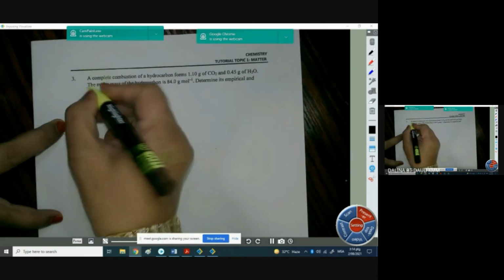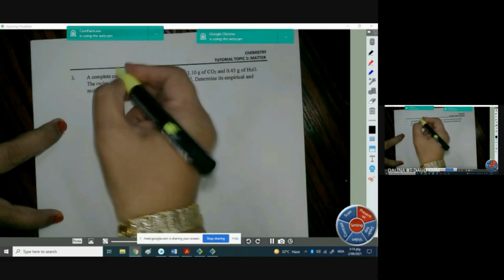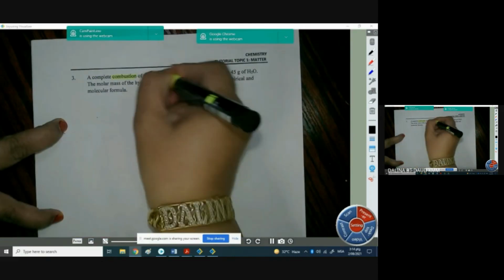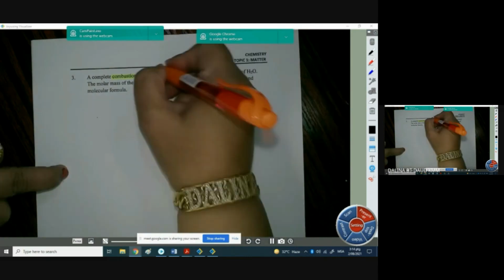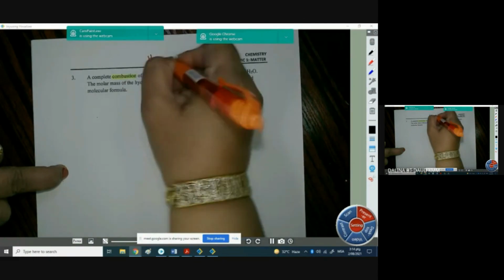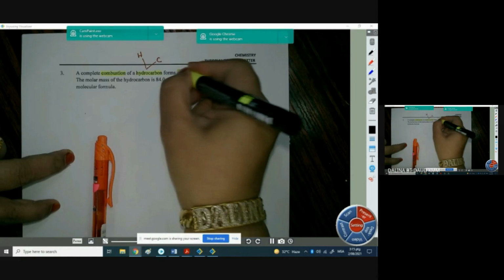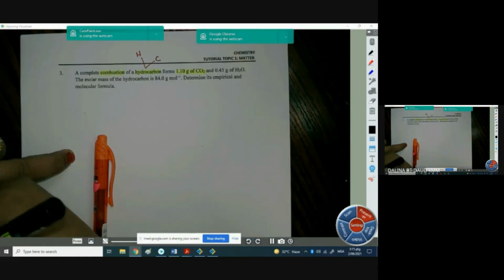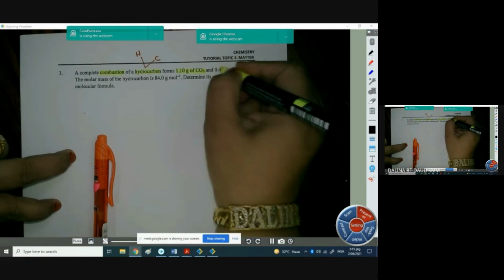A complete combustion, dia buat pembakaran a hydrocarbon, so we know the elements that we want to find out are hydrogen and carbon. Form 1.1 gram of carbon dioxide and 0.45 gram of water.